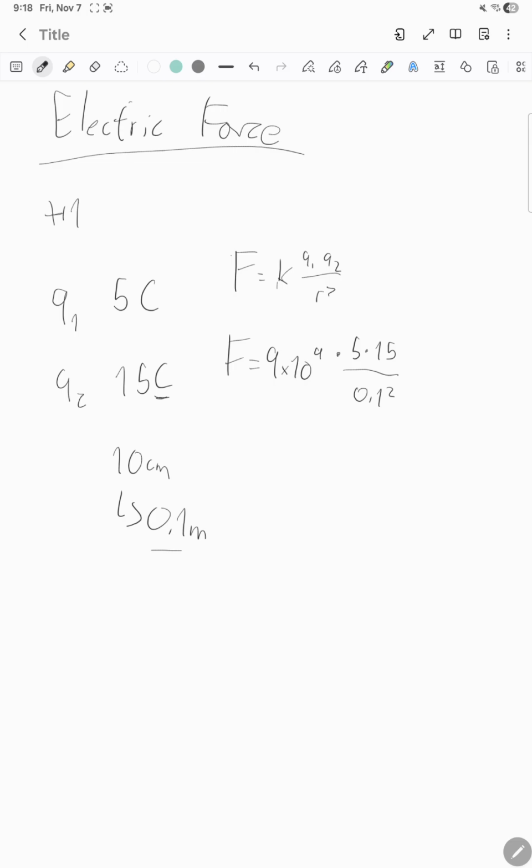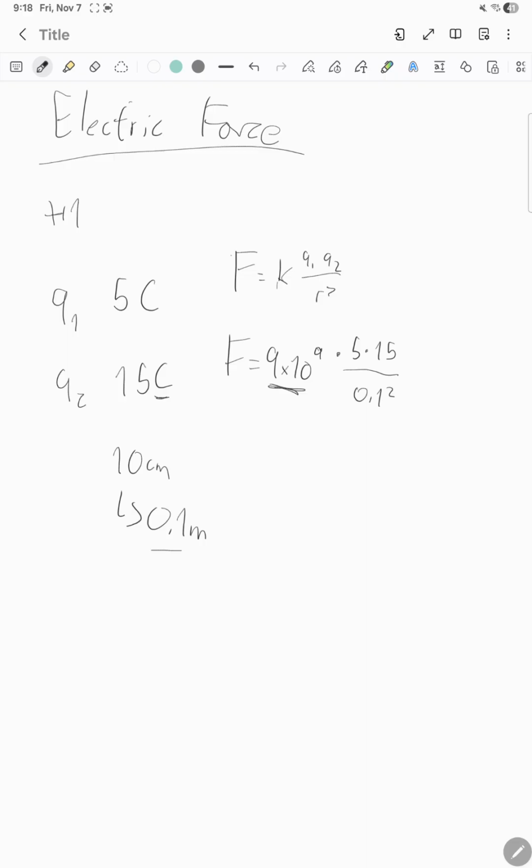And you could plug these numbers in the calculator, and it will give you a pretty big number. This is why you don't get coulombs as high, because the constant is 10 to the 9, so it will give you a very, very big force, right? Whereas if you have, instead of whole coulombs, micro or nano coulombs, then the force will be more normal.